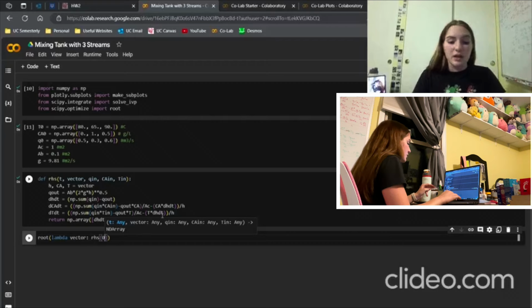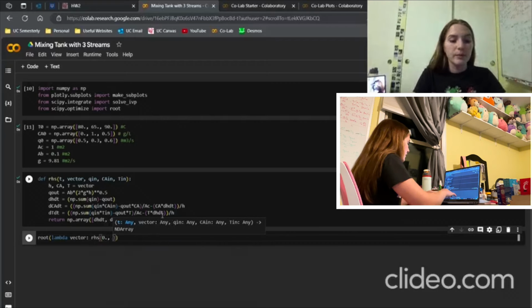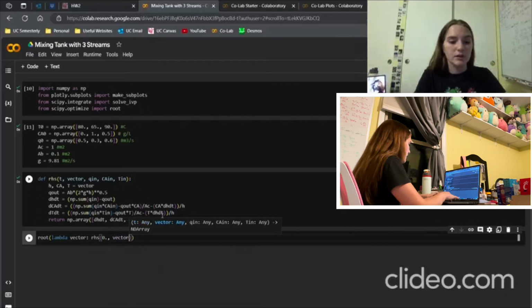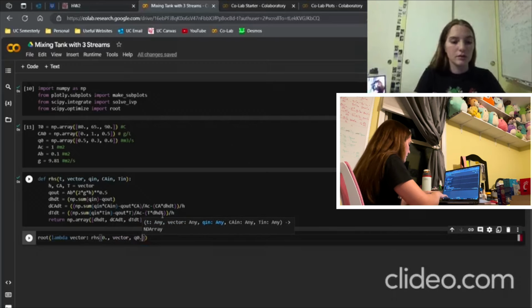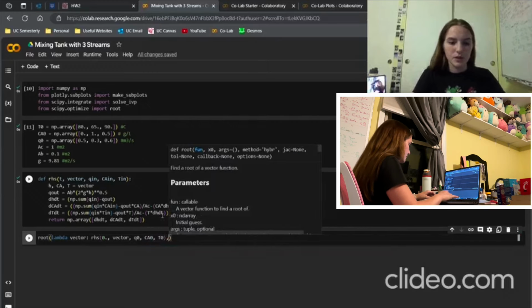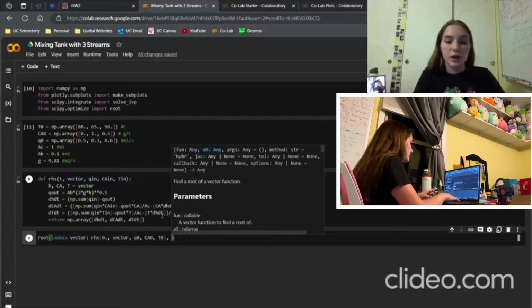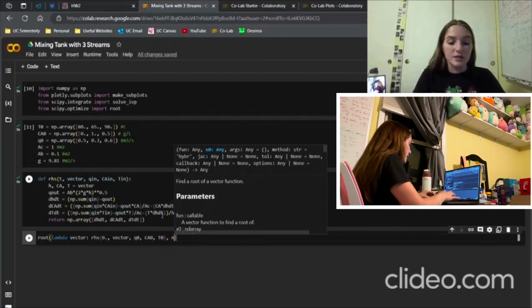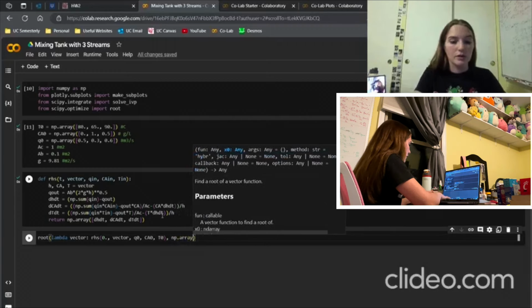So we can choose anything, so we're going to choose 0, and then we have our vector, and our Q naught, our CA naught, and our T naught. And then we also need to define what our vector is, so we are going to have guesses for all of our initial values.